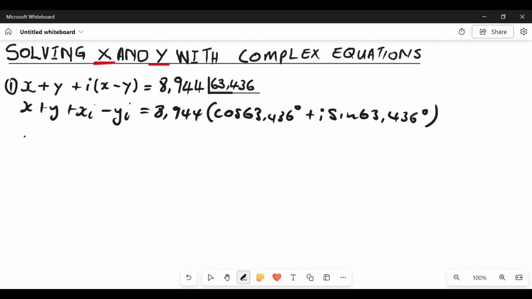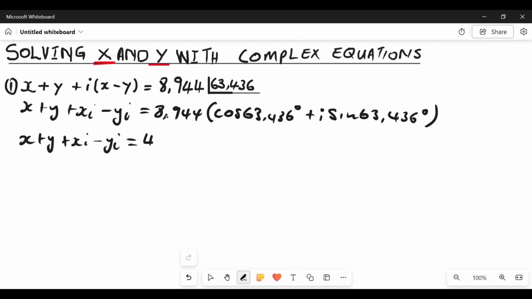Now let's continue. On our left hand side, we're just going to leave it as it is because here everything is simplified at the moment. Now on our right hand side, we just have to multiply this 8,944 with everything that is inside here. Now if you multiply this 8,944 with this cos 63,436, this is going to give you 4.